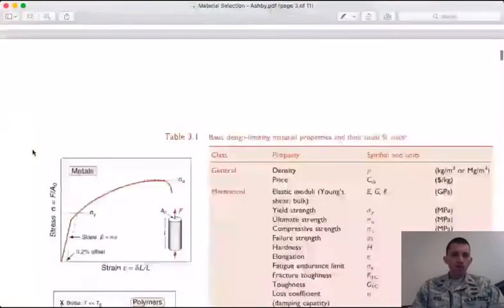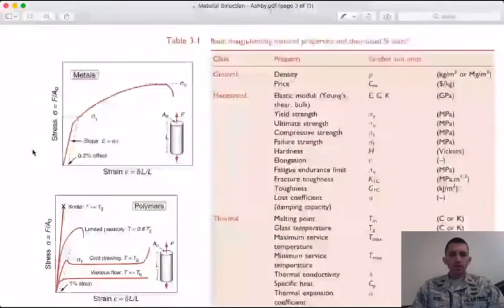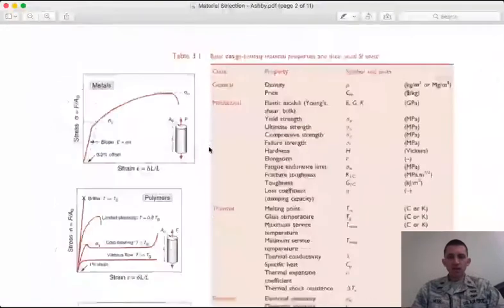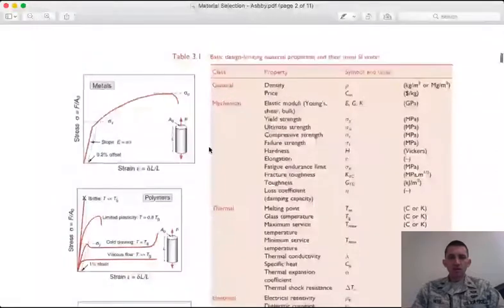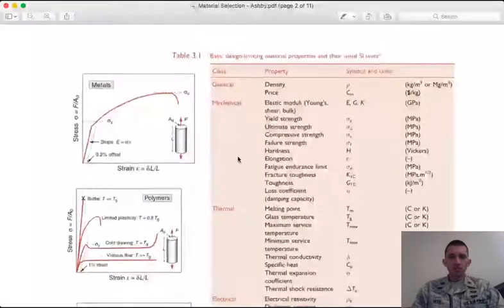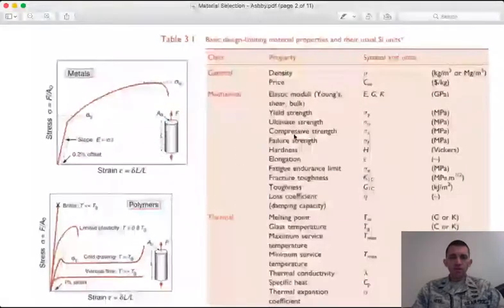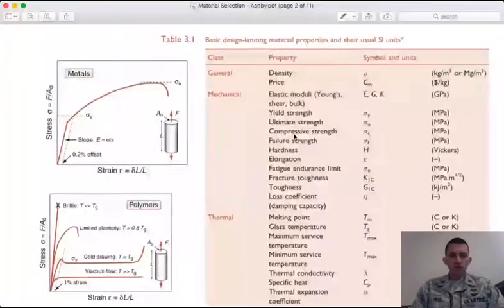Okay, so now we're going to look at a lot of the material properties that Ashby cites and that he provides material data on. And a lot of these should look familiar from what we covered in Callister. The general properties, right?